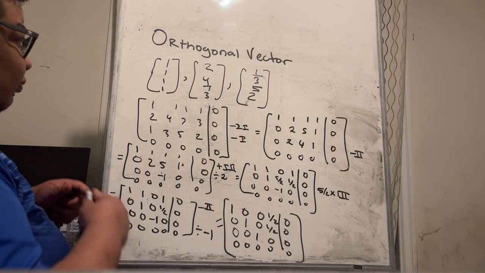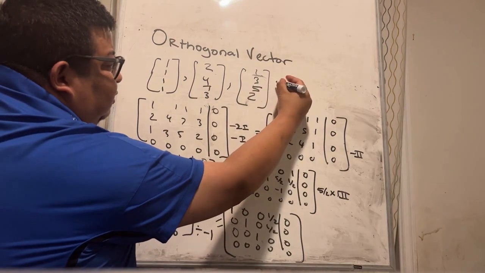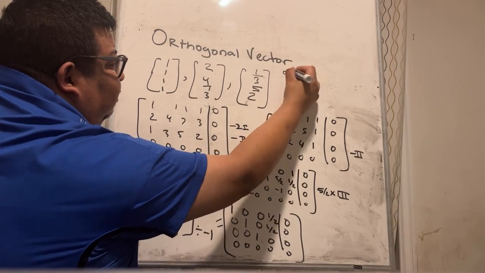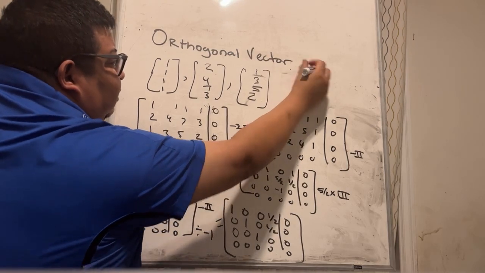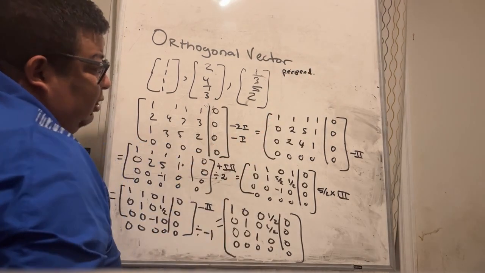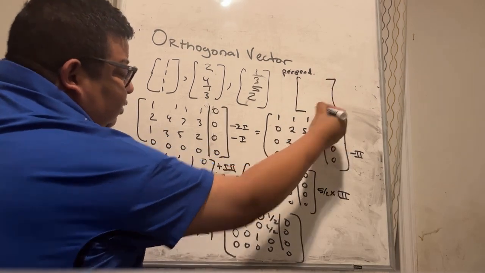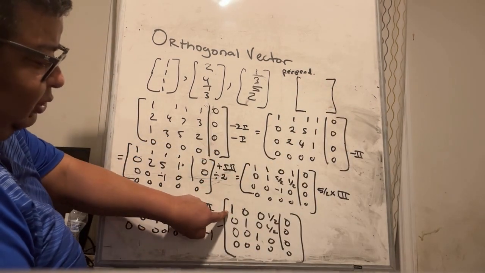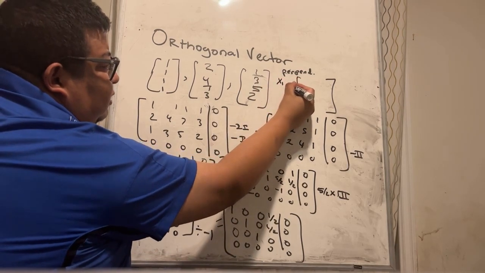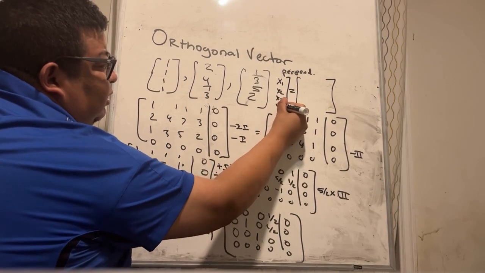Okay. So now the vector orthogonal, or perpendicular, is going to be like this. Notice the first one is going to be your x1. So x1 is equal to x2, x3, and x4.